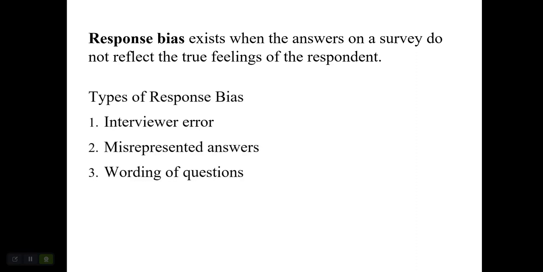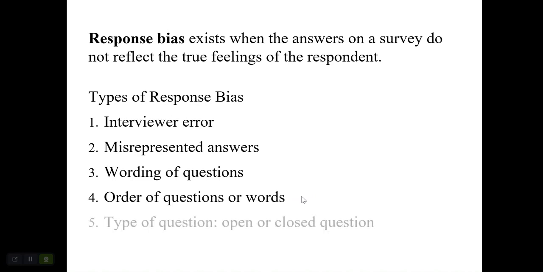So there are several types of bias in here. You have interview error, you have misrepresentative wording of the question, and the order of the questions or words. If you put your favorite thing in the front, sometimes people just check the front one, and if you put an unfavorite thing at the end, people don't want to check the end. Sometimes people do not read the question until the end.